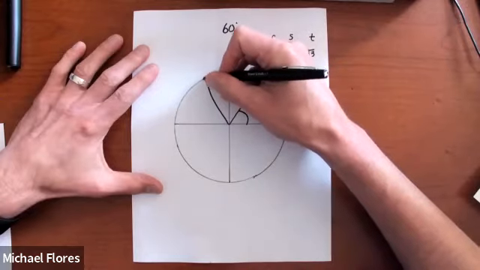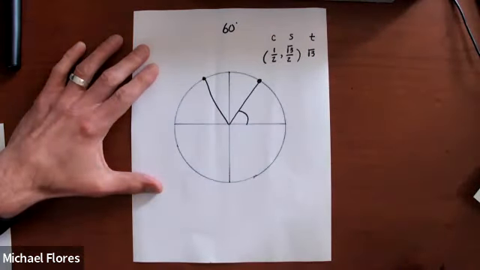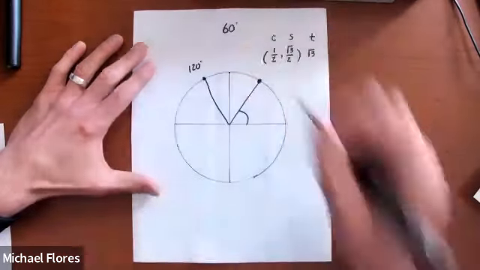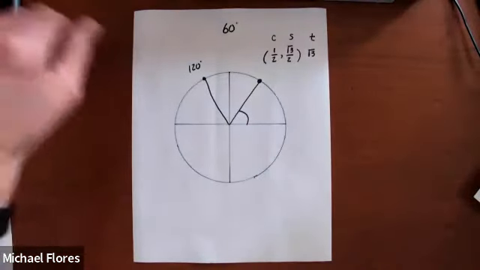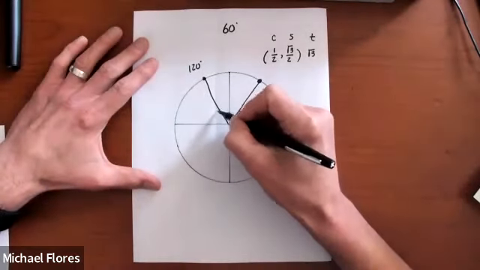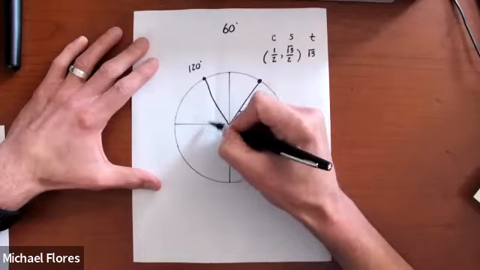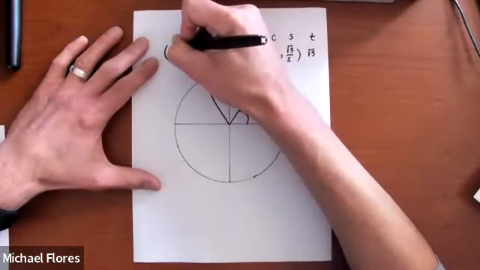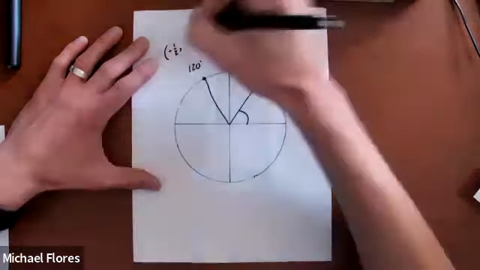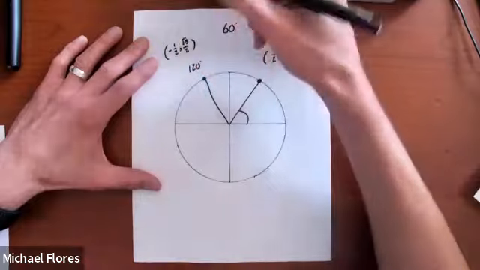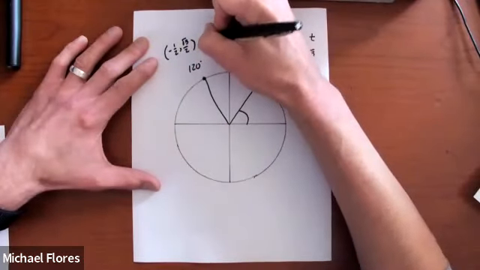So over here in quadrant 2, a 120-degree rotation from the positive x-axis would create a 60-degree reference angle. Our values here are going to be -1/2, √3/2 with a tangent of -√3.